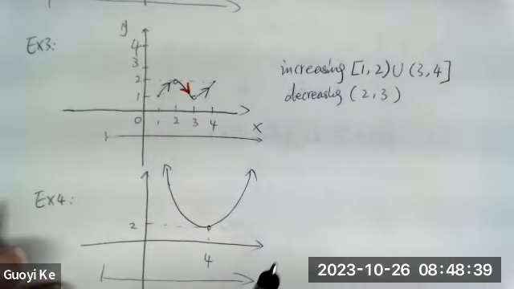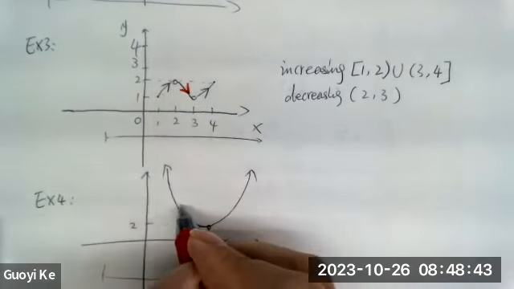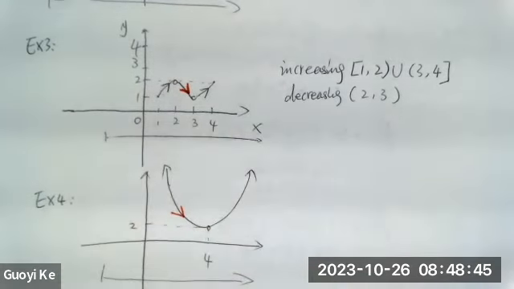From left to right, you're going to see the curve goes down, right? Can you see the curve? From left to right, you will see the curve goes down, make sense?